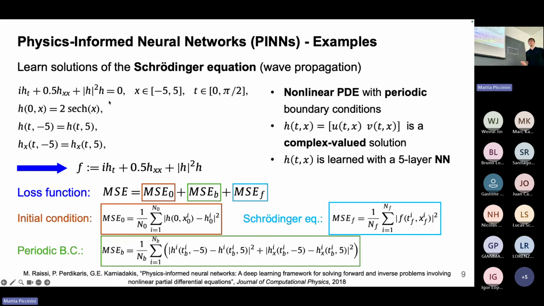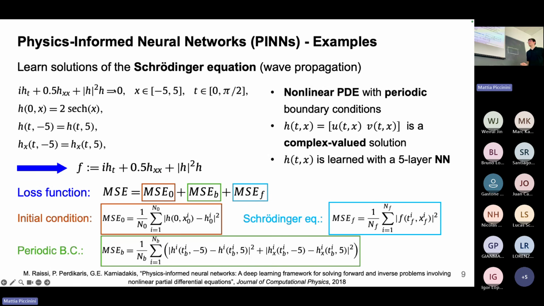So we just rename F as the left-hand side of the equation, and we would like this term to be equal to 0.